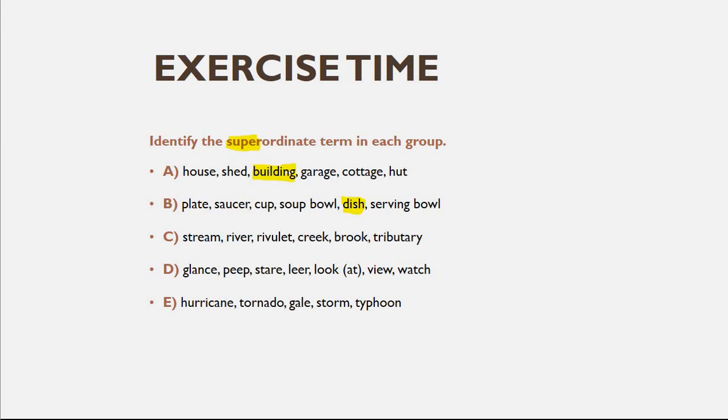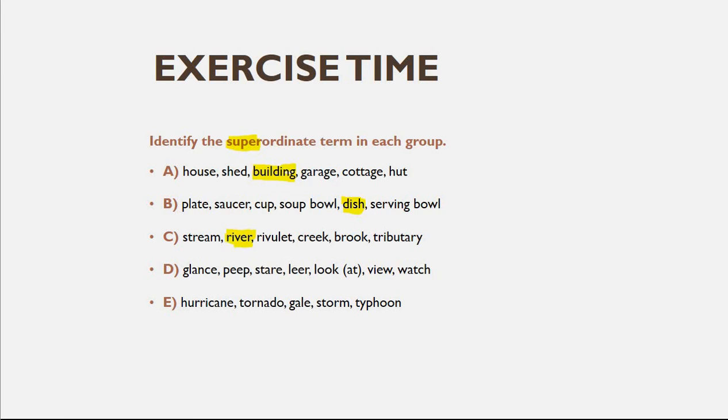In general it means service, or any kind of plate or cup. Okay, so let's look at C. Stream, river, rivulet, creek, brook, tributary. All of them are actually a part of a river. So river is the superordinate, the others are hyponyms.